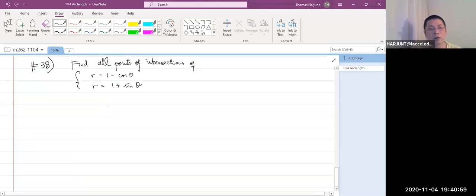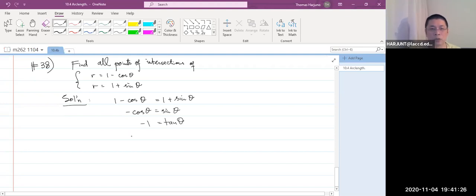Well, if they intersect, then the radius and theta have to be the same. So 1 minus cosine theta equals 1 plus sine theta. Cancel the 1. So negative cosine theta equals sine theta. Dividing by cosine theta, we get tangent theta equals negative 1. So theta must be in quadrant 2 or quadrant 4. In quadrant 2, theta is 3 pi over 4. In quadrant 4, that's 7 pi over 4.